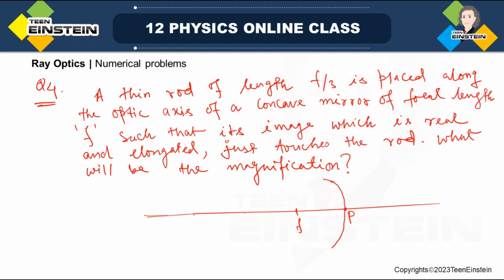So 2f will be somewhere here. Now the question is that the thin rod of length f by 3 is placed along the optic axis of a concave mirror of focal length f such that its image touches the rod itself, and the nature of the image is said to be real and elongated.